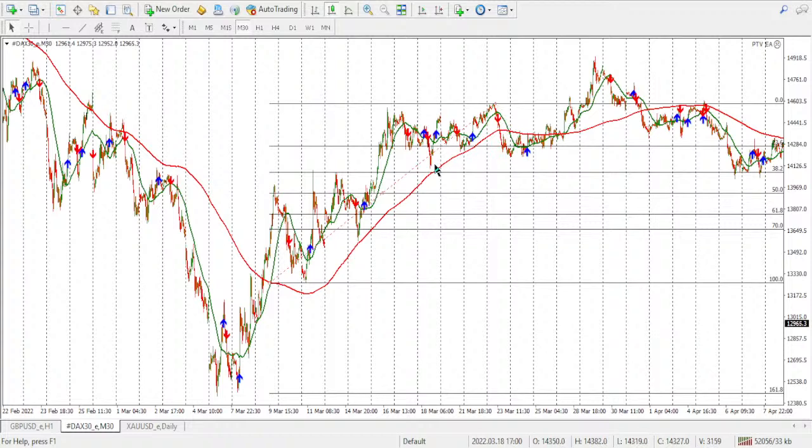You can see clearly that if you are following fib levels, you could have gotten very good places. Like you could have taken a buy there. That was a place you had a buy from. We could have taken a buy there, and there, and we could have taken a buy somewhere there.